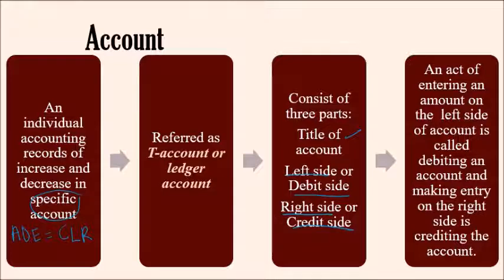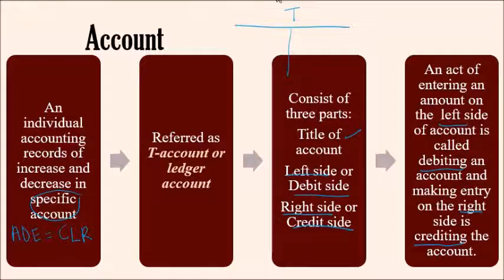After that, the act of entering an amount on the left side of an account is called debiting, and making an entry on the right side is called crediting. So the T account will look like a T, like this. So you will have a title.